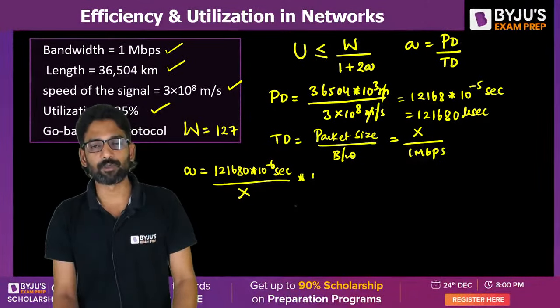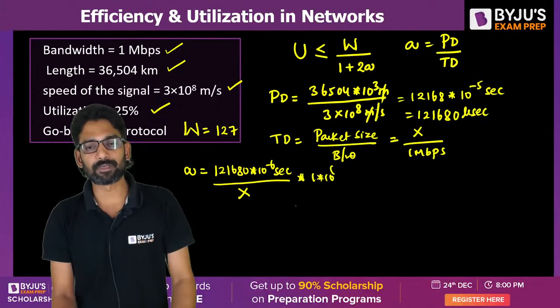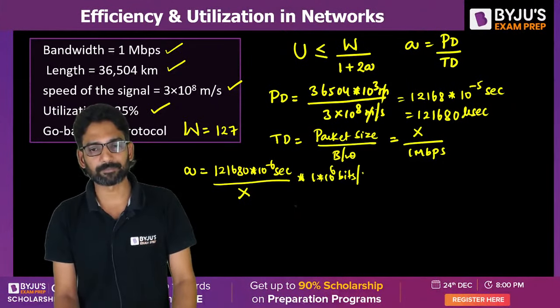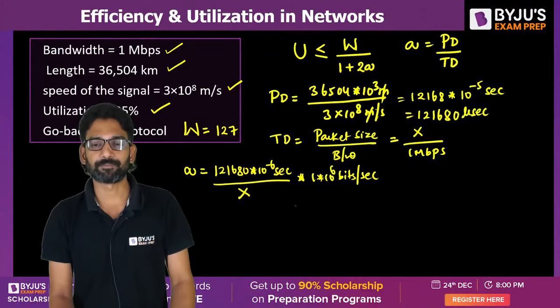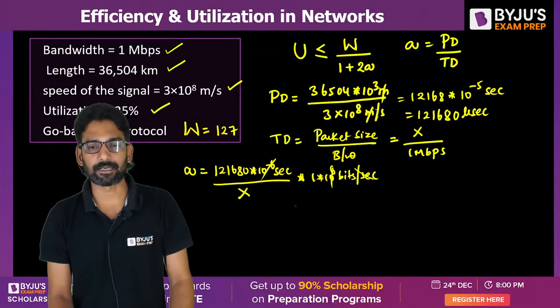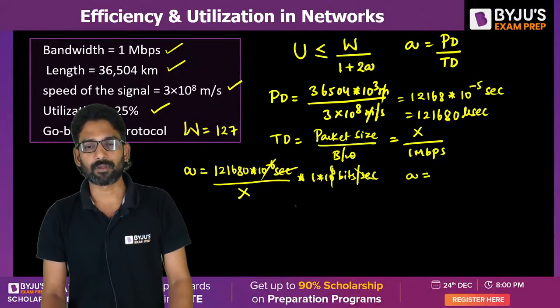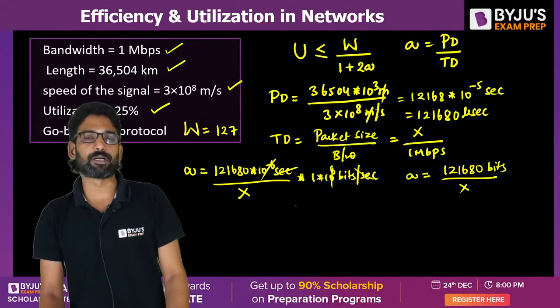So this is equal to 1 into 10 power 6 bits per second, isn't it? So 10 power 6 and 10 power minus 6 are gone. So A is what? 121,680 bits by X. We don't know what X is.